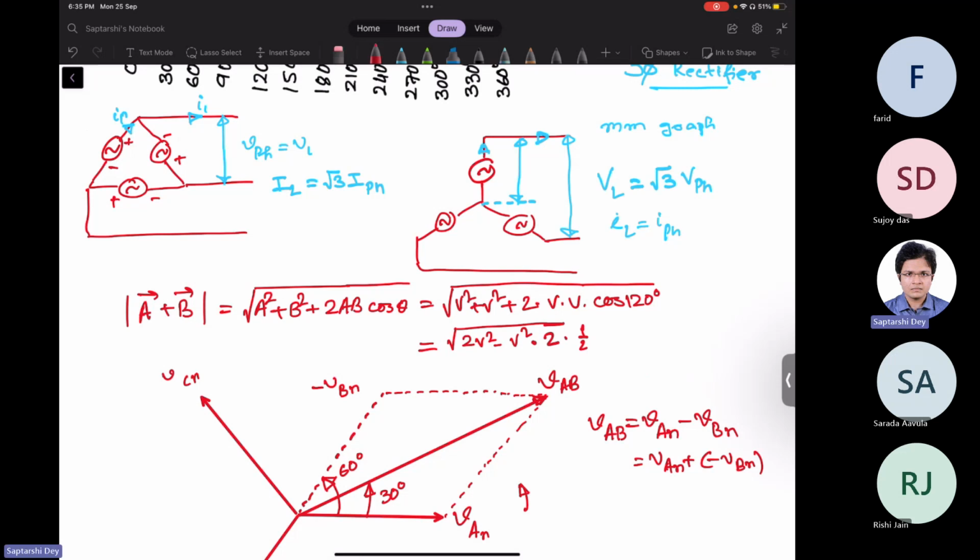Cos 120 cannot be plus half. That is sines quadrant. Can you spot the mistake?